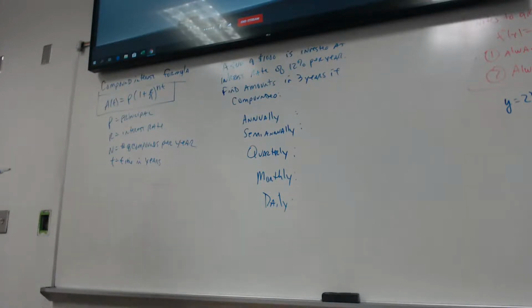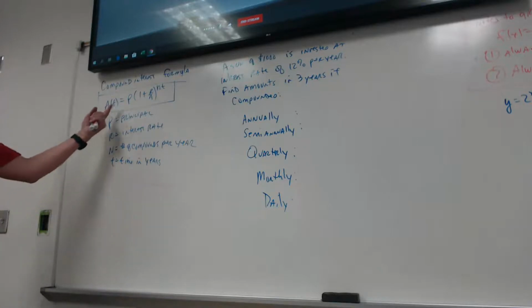So Daniel, what should I write down? So annually is every year. Right. It's 12% per year. Is that where you put in annually? So yeah, we're gonna go through here. What's P?